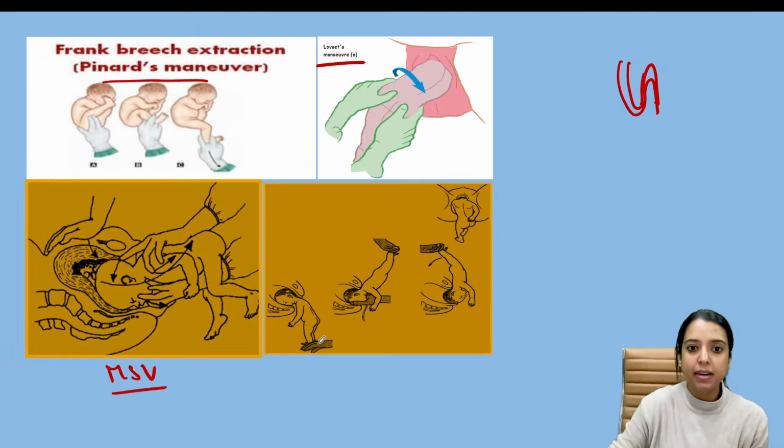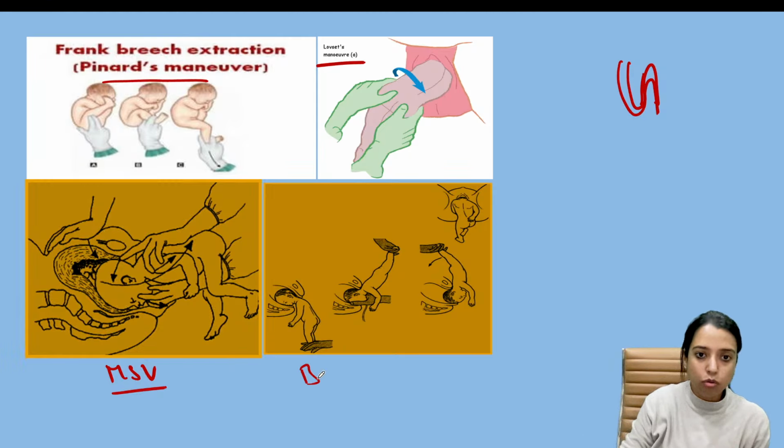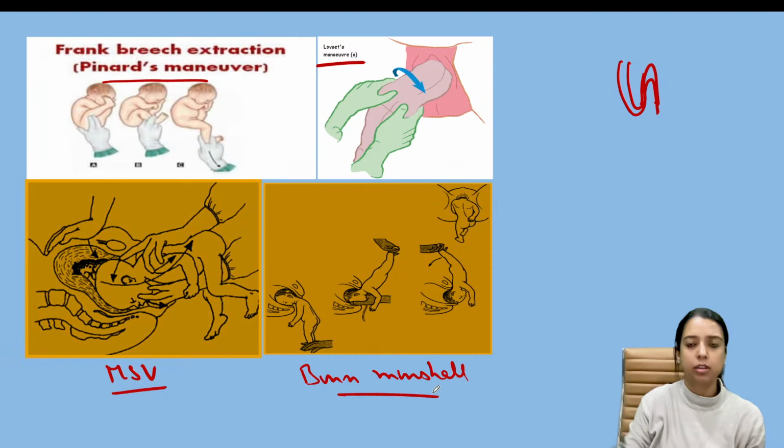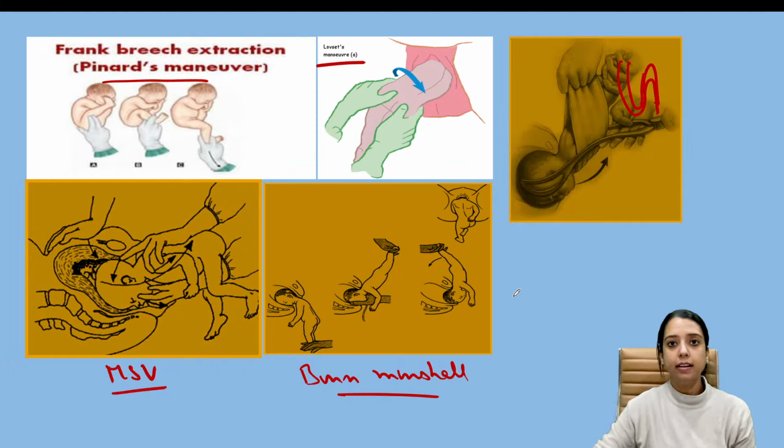Now obsolete, but yes, for the after-coming head also you used to hold the baby by the feet and rotate the baby over the maternal abdomen. It is Burns Marshall. Now you do not do it because it used to cause extension injuries in the neck. Another way of bringing the head out is via... what is this? Piper forceps, curved Piper forceps.